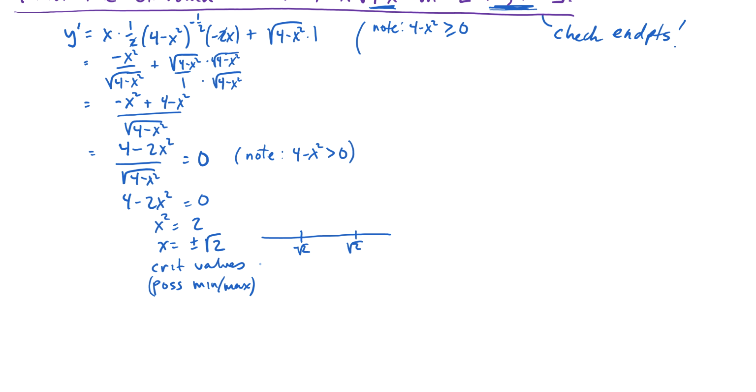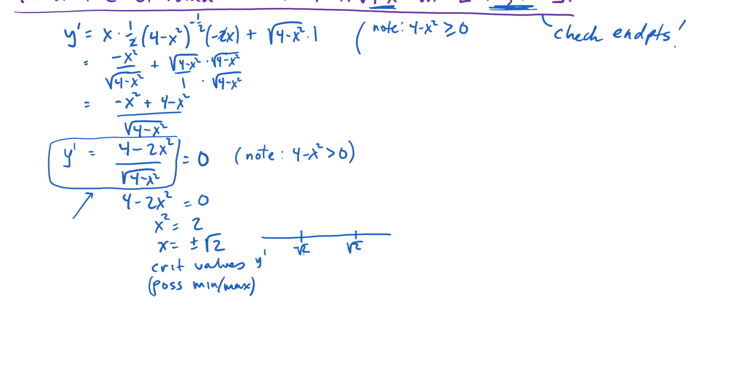So I'm going to look at y prime just to the left of square root of 2. I remember square root of 2 is about 1.4 or thereabouts. So pick a number just to the left of that. If you just reason your way through this, here's my derivative. If I plug in square root of 2, looking up here in the numerator, 4 minus 2 times square root of 2 squared, which is 2 times 2 is 4, gives me my 0, of course.